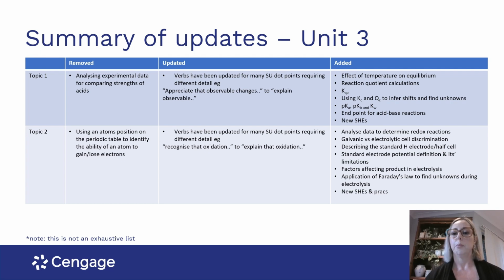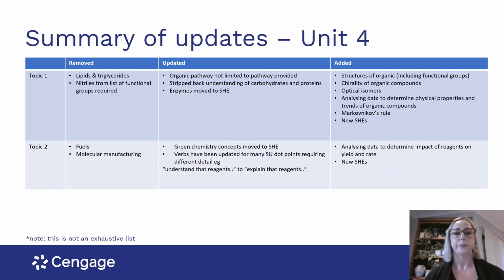They have to compare galvanic and electrolytic cells, describe the standard hydrogen electrode half cells, look at electrode potential definitions and the limitations regarding that, look at the factors affecting the products within electrolysis, and actually apply Faraday's law to find unknowns. So Faraday's is finally getting a look in the syllabus, as well as adding some new science as a human endeavour and some pracs that are new to the course as well.